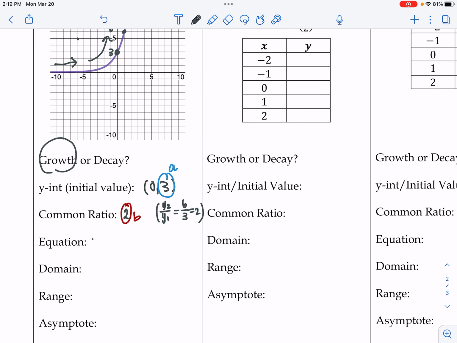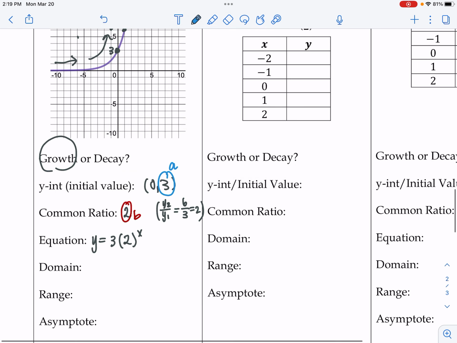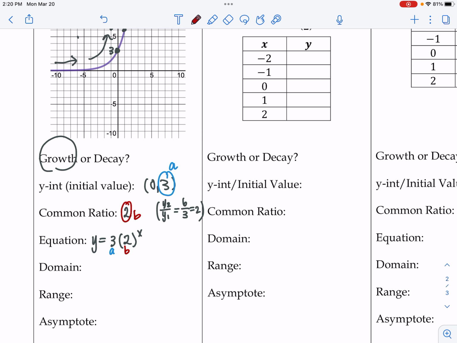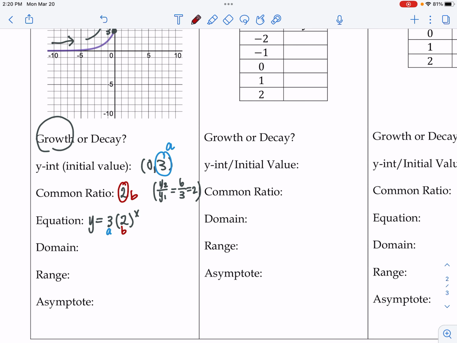And so to write our equation, it's a times b to the x power. A goes here, the common ratio goes here with the exponent. Domain is all real numbers all the time.